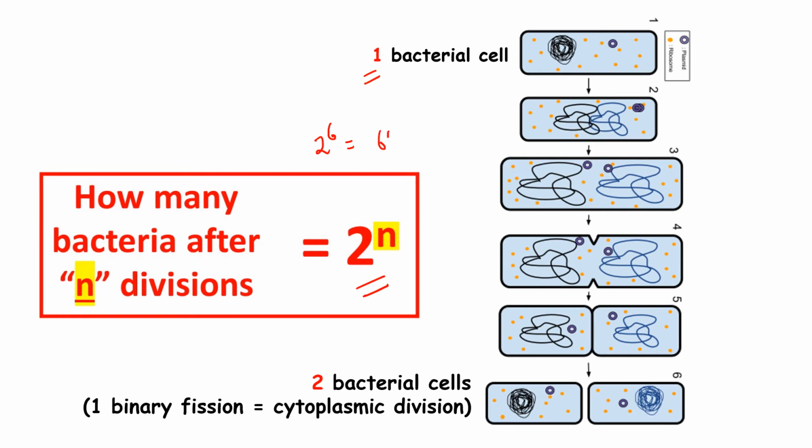Okay, so that's 64. So the way to work out the numbers of bacteria after a certain number of replications or divisions is 2 to the power n. So if there were 2 divisions, for example, it would be 2 to the power 2, and then we'd have 4 bacteria. If there were 3 divisions, we'd have 2 to the power 3, and that will give us 8 bacteria. So this is a way of working out bacterial numbers after a certain number of replications.